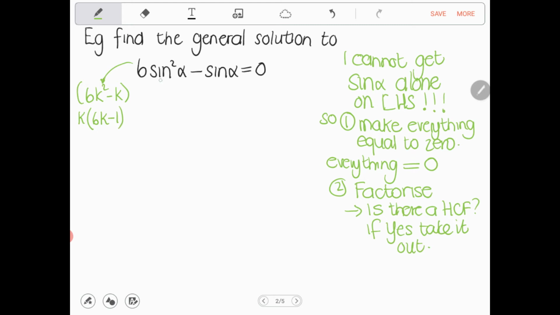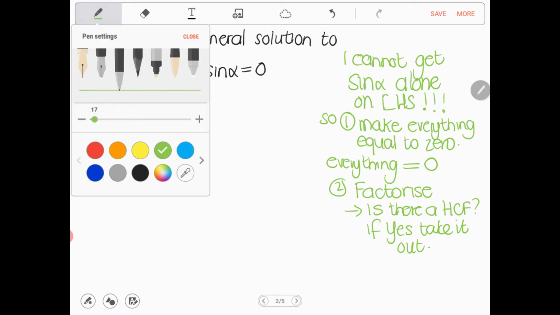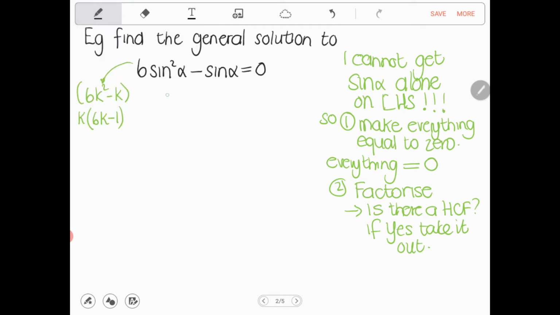All right, so we can replace the sine with a k if you'd like to, or I'm pretty sure that you guys are going to be okay if I take out the sine alpha as the common factor. So I'm taking out a sine alpha as a common factor, and that means I have to divide the sine alpha into the first term, and I have to divide the sine alpha into the second term to take it out as a common factor.